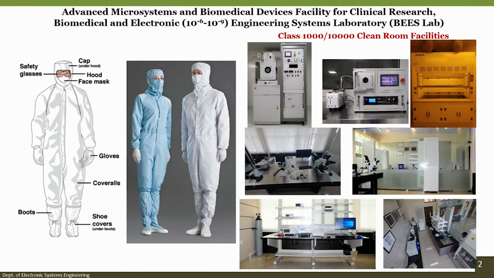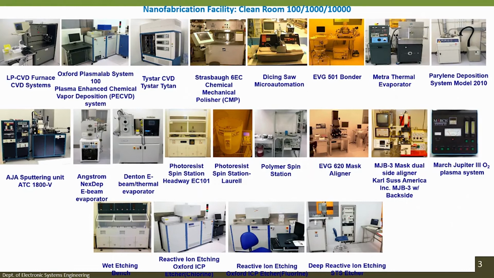Now once you understand the process of how to enter the clean room, you will see that within the clean room there are several pieces of equipment such as thermal evaporation and e-beam evaporation operation. There can be sputtering, CVD, which is PECVD, LPCVD, MOCVD.